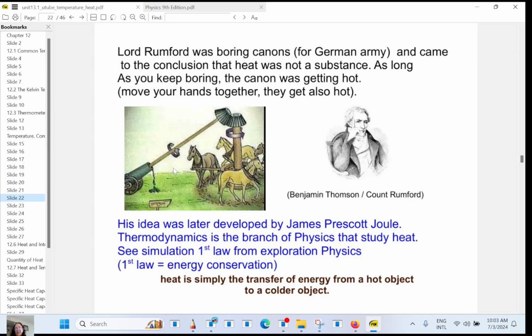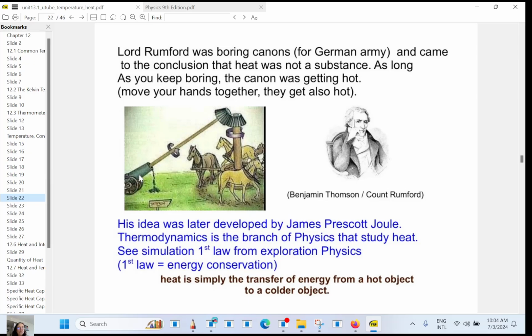Okay. And he understood that as long as he was boring, the cannon would get hot. And then he stopped boring the cannon and the cannon would cool down. So it means you could not have that fluid because it is in limited amount.